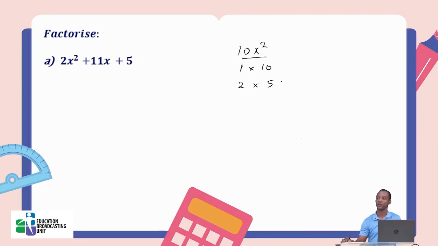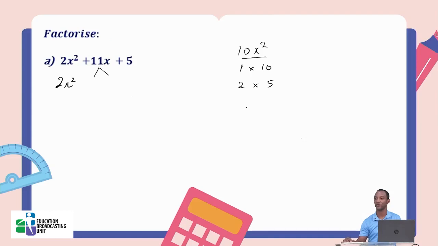Now, which one of these pairs of factors, when added, will give us the middle term, particularly the coefficient 11? Well, 1 plus 10 will give us 11. So what we're going to do, we're going to take the first term, the quadratic term, write it back. I'm going to split the middle term up into two parts. That is the 1 and the 10.